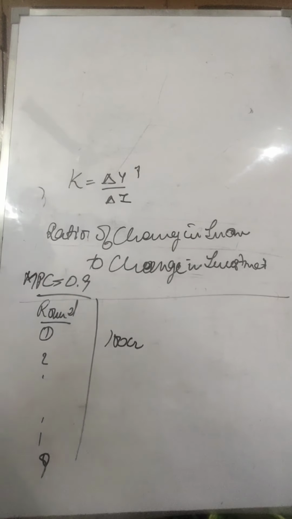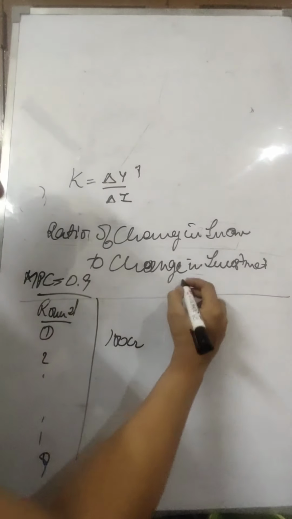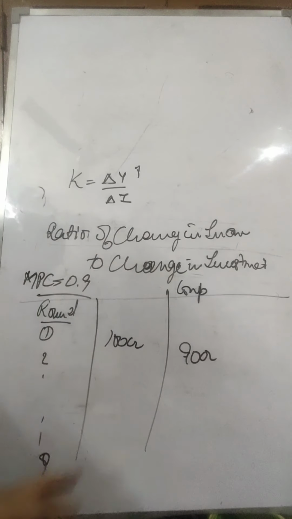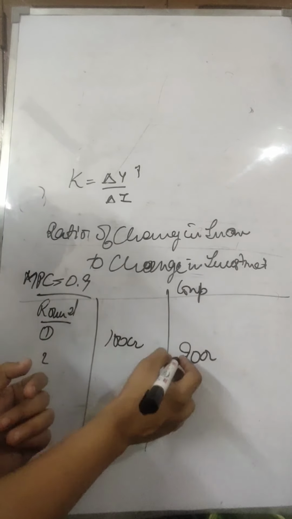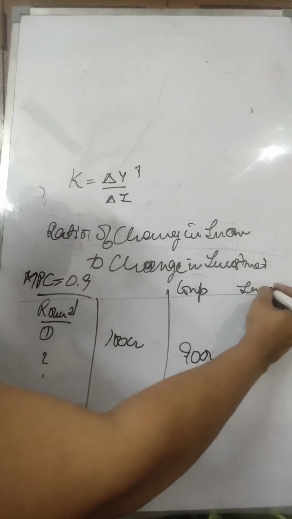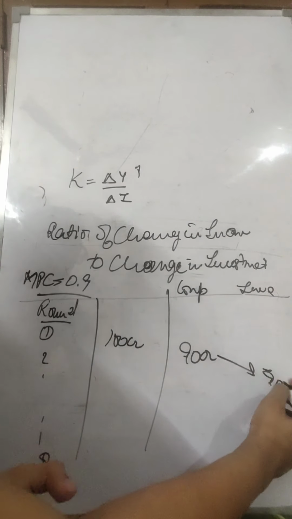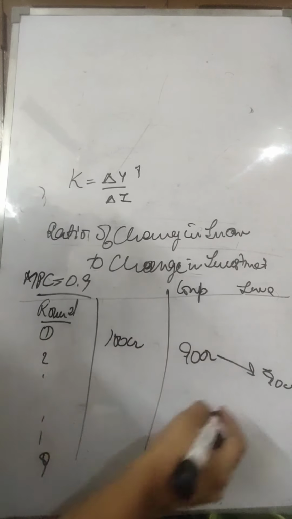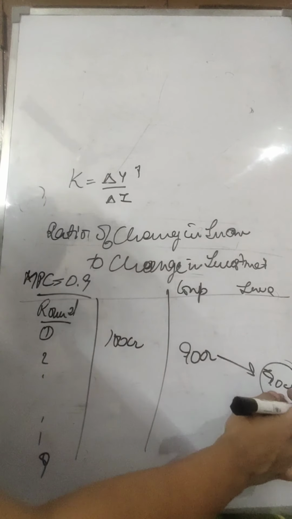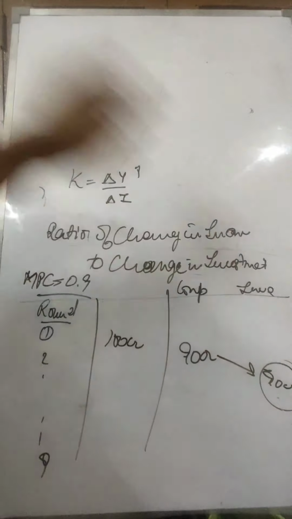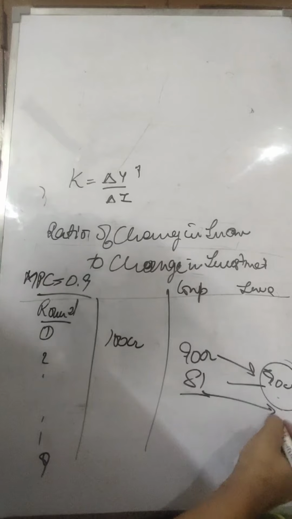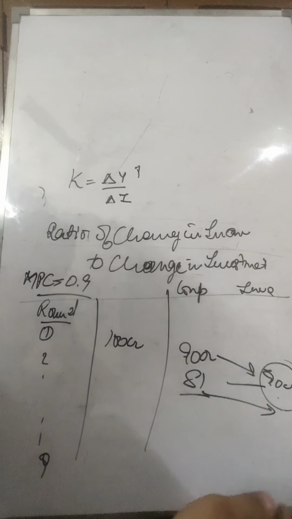Then consumption will increase by 90 crores, and that 90 crores will be invested somewhere else. Again, I will be consuming 0.9 of this, because that is somewhere income of some other person, right? So 81 will again be consumed, and then that consumption will be invested again.